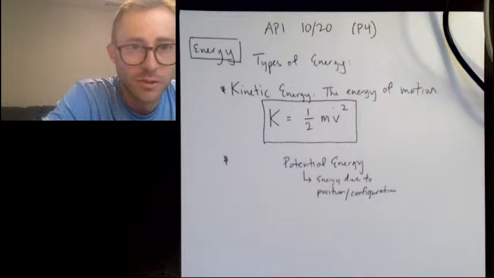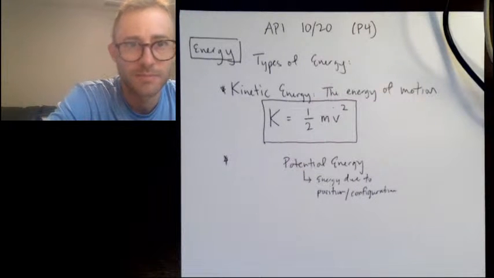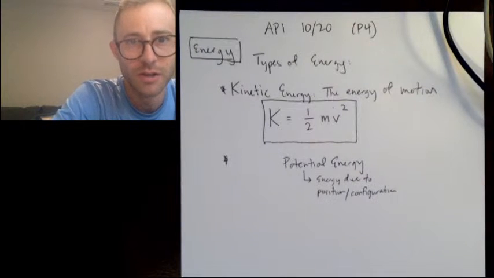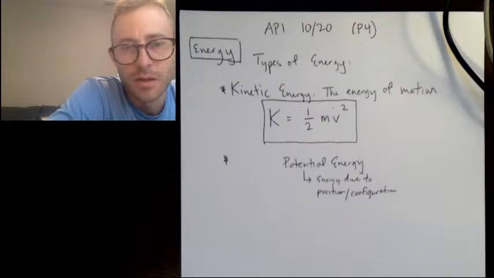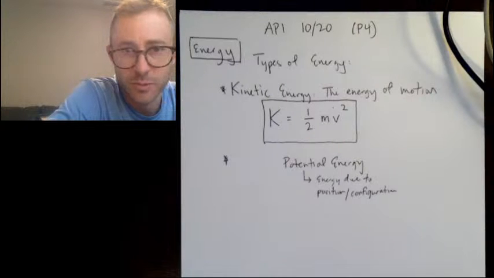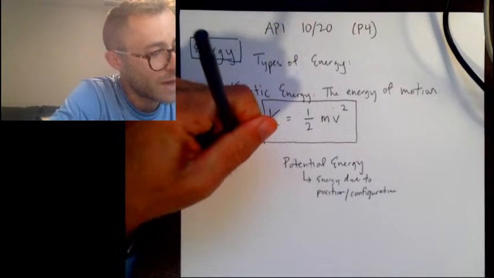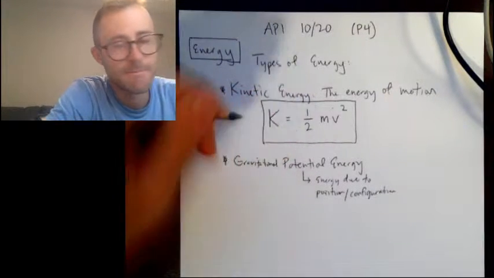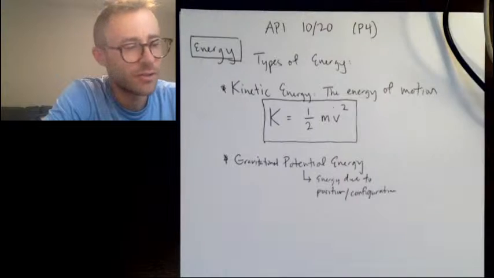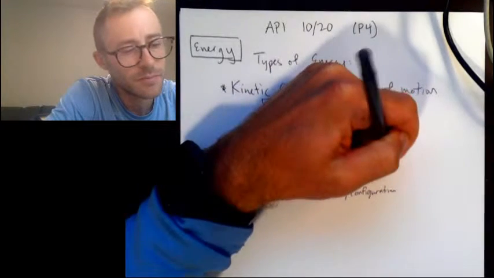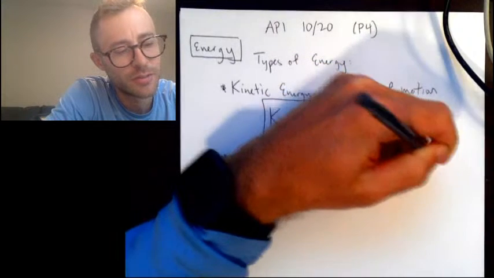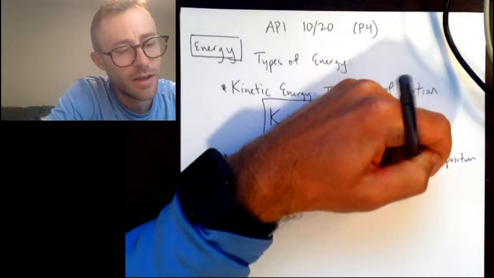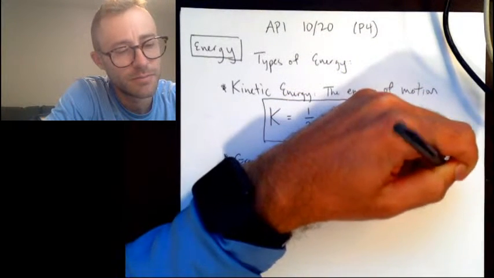There's electrical potential energy. That's the energy that you have in a storm cloud before a lightning strike. But the type of energy that I'm going to discuss with you today is called gravitational potential energy, and that is the energy due to position in a gravitational field.